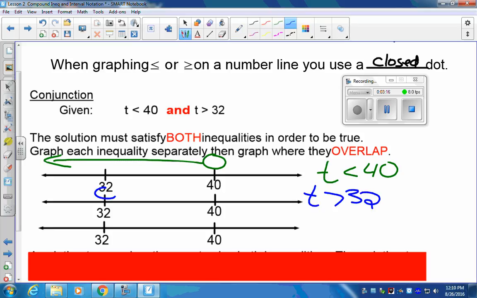Open circle, shading this way. So since it's an and, it's a conjunction, I want to find which section of the graph satisfies both. So where they overlap. So I'm going from 32 up to 40. And of course it's not inclusive because it's just less than or greater than. So for a conjunction, it's where they overlap.